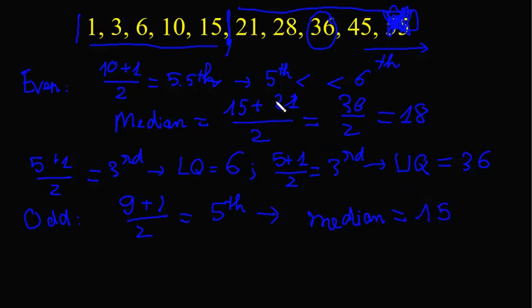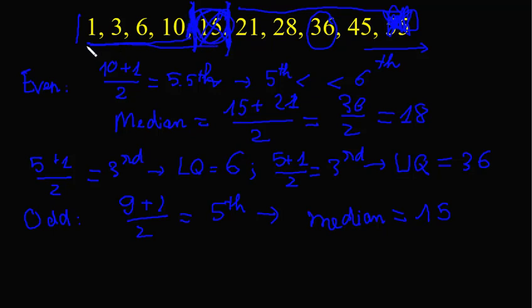Here the median is 15, so now we don't consider the 15 in the two other sets. If we would like to find the lower and upper quartiles, we remove this one from the data set, and then we consider all the rest, from the beginning to the value previous to the median 15.